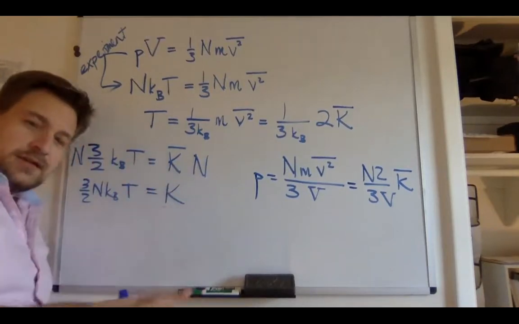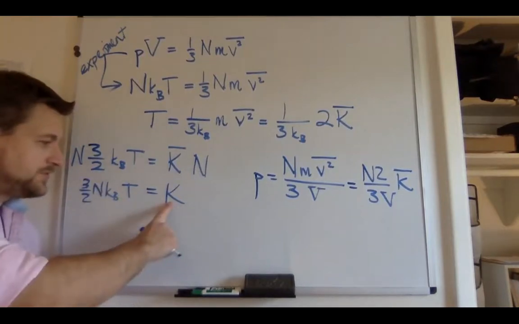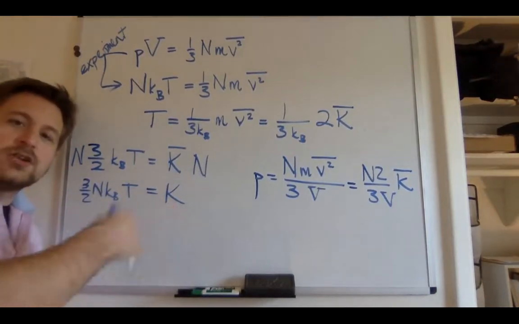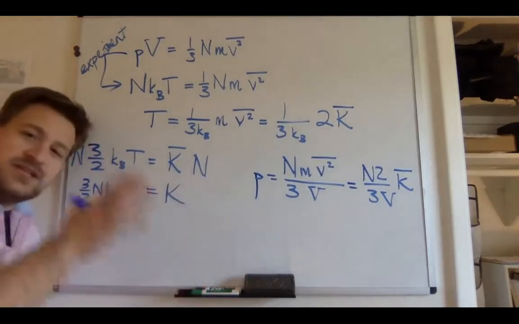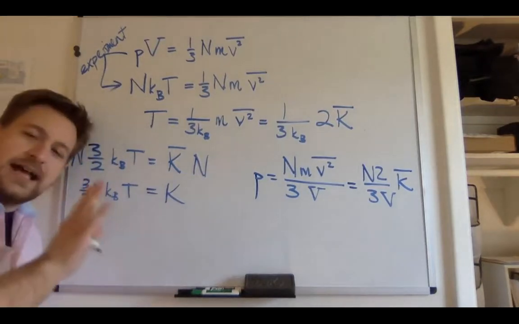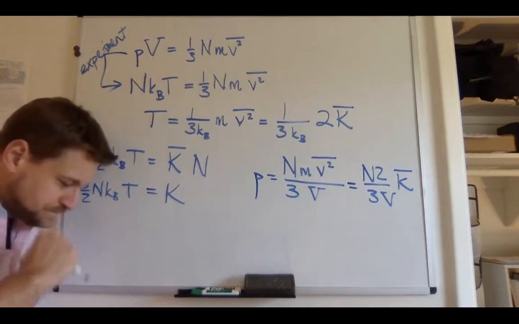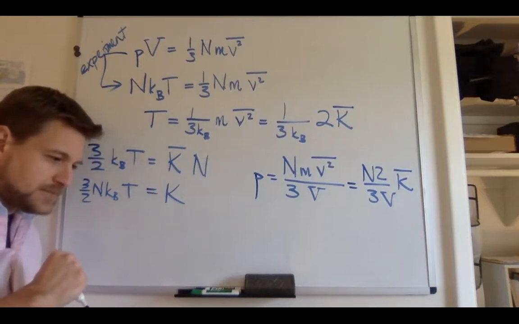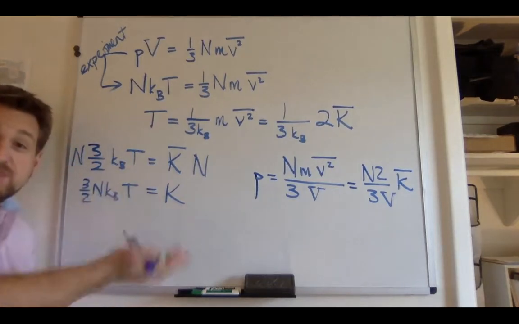In our kinetic theory, we assumed that the energy of the gas is entirely kinetic, that there are no potential energy interactions. So the energy that this gas has is entirely as a result of its kinetic energy, because it's at a temperature.